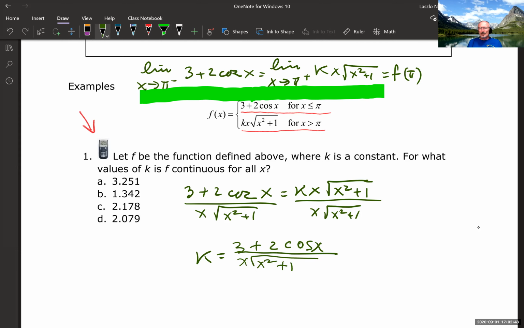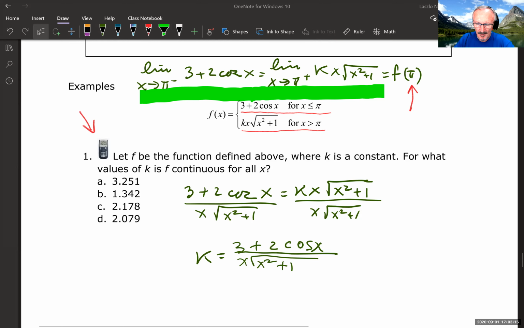And we can use our calculator to evaluate this expression at pi, because that is what we're looking for, f of pi. And so let's see what this value generates. We're going to switch over to the calculator, and let me see if I can share that.